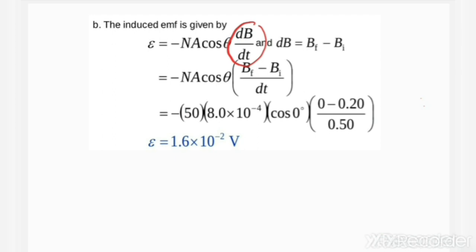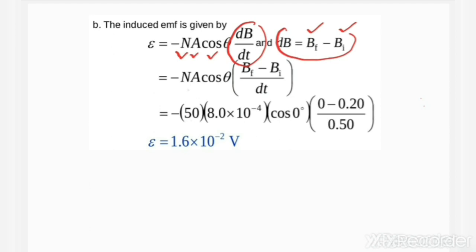So, we can rewrite the equation of induced EMF, and the factors that are constant in this situation are the number of turns, the cross-sectional area, and the angle between vector A and the direction of B. The change is due to the magnetic field. So we know that the change of magnetic field is the final magnetic field minus the initial magnetic field.